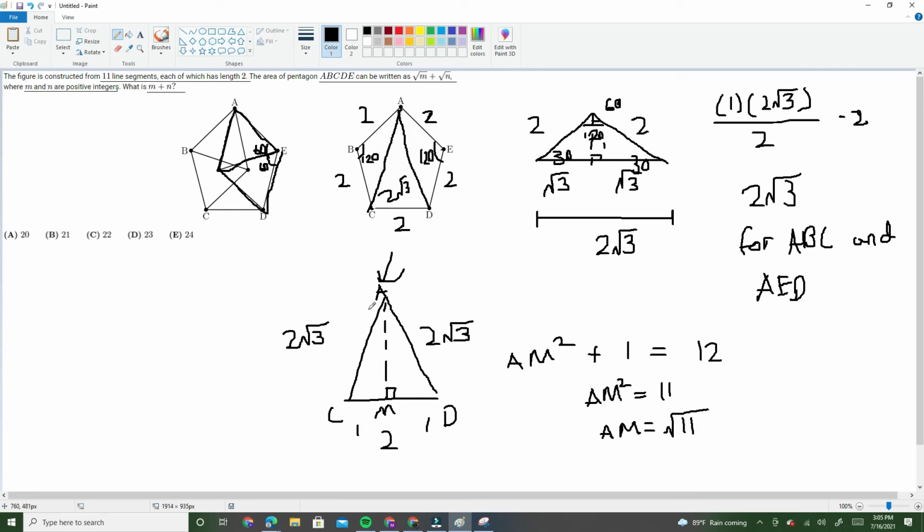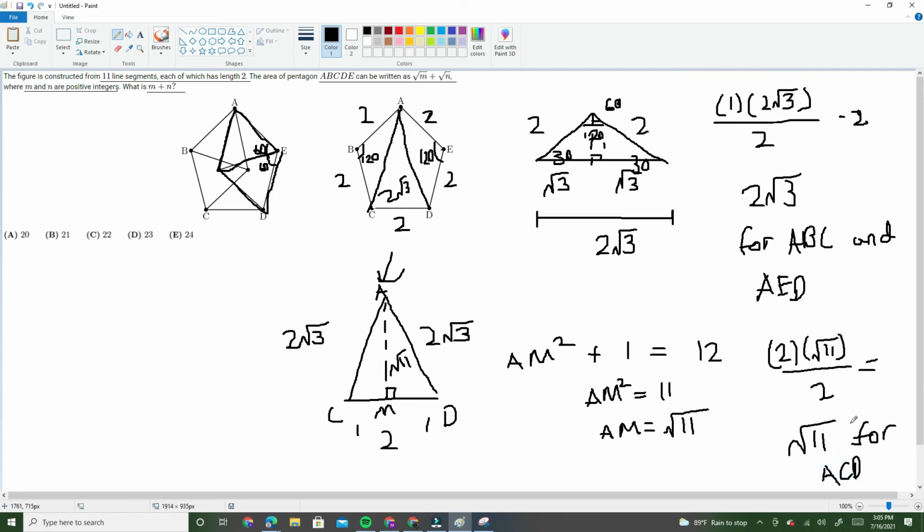So now we know the height of triangle ACD, root 11. Furthermore, before that, we already knew the base of ACD to be 2. So we have the height and base of triangle ACD. So to compute the area, we would do 2 times root 11 over 2, which would simply give us root 11 as the area for triangle ACD.